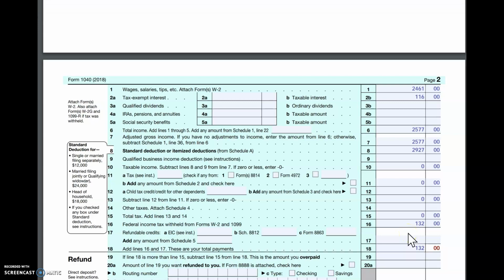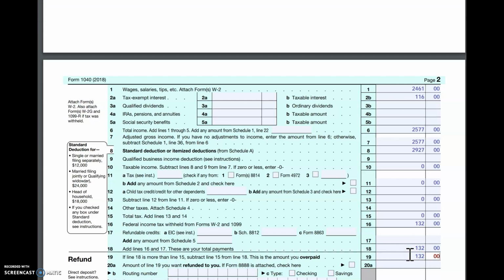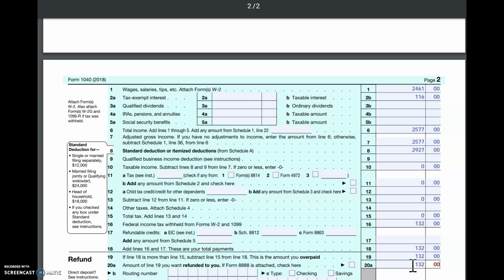If line 18 is more than line 15, subtract 15 from 18. This is the amount you overpaid. Josh overpaid by $132. Line 20. Amount of line 19 that you want refunded to you. Well, we want it all refunded to us, so 132.